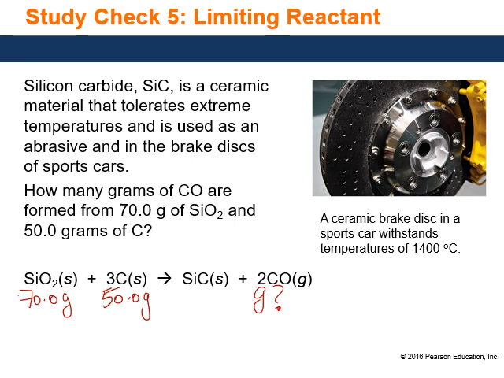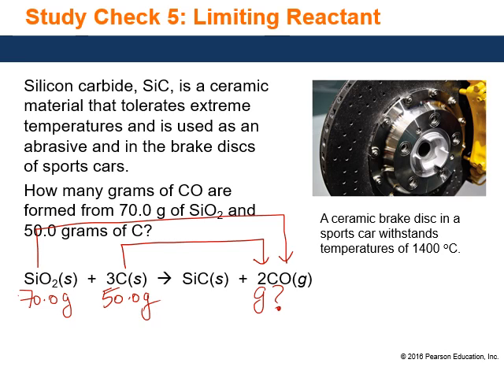So it is giving you two ingredients and it's asking you how much product you will make. Whenever two reactants are given, the only way to do this is to convert carbon to carbon monoxide, SiO2 to carbon monoxide, and figure out which of these two gives you less product. Okay, so how would we do this?